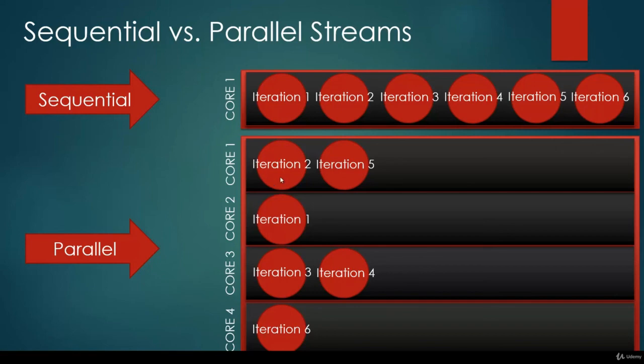Of course, if iteration 2 depends on iteration 1, then we are not able to use parallelization because we are not able to solve iteration 2, as it depends inherently on iteration 1. So it is crucial to know whether a given problem can be parallelized or not. This is the crucial difference between sequential execution and parallel execution.